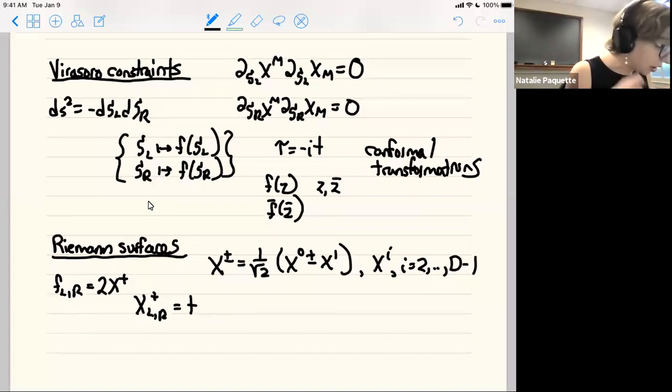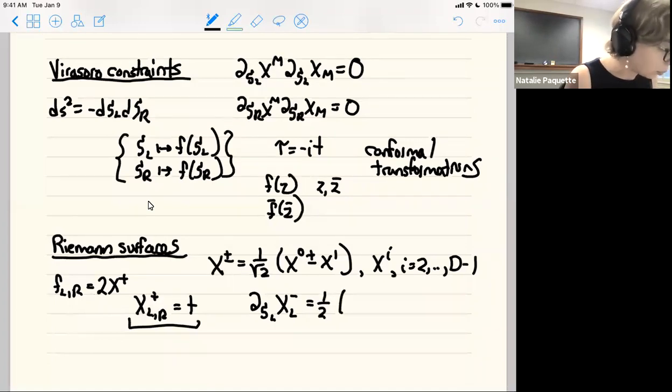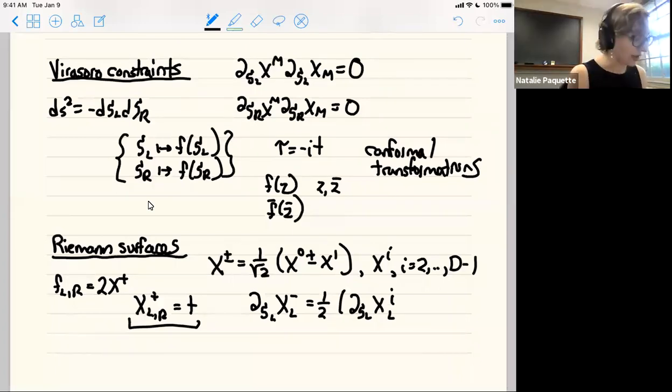Okay, so we've used all of our leftover gauge symmetry to completely fix one of our light cone coordinates, and we still have a Virasoro constraint for the other light cone coordinate, which after this gauge fixing is a pretty simple equation. Similarly for its right moving part.